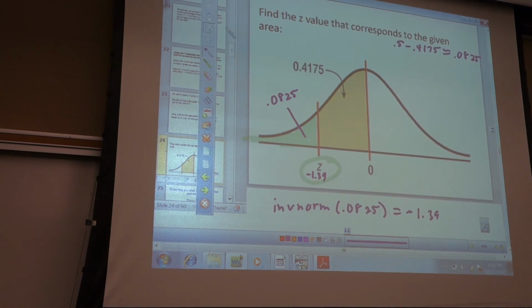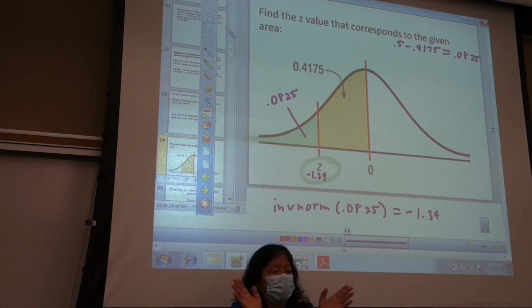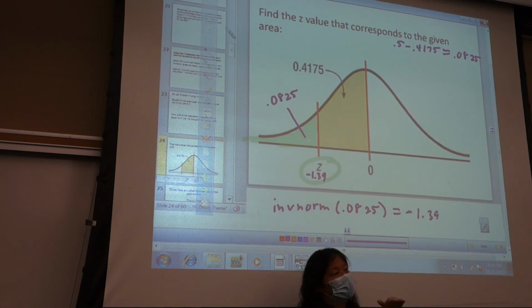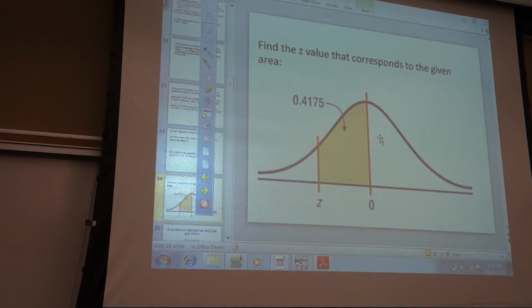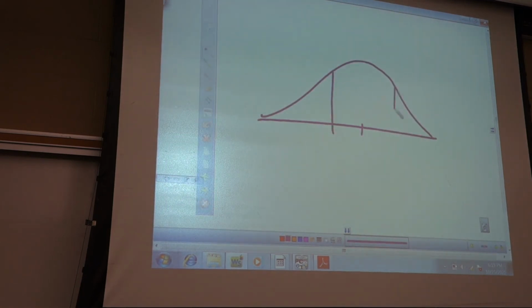Now, if it's perfectly symmetrical, like even amount on the left and the right, then you could say, oh, well, half of it's over here. You know what I'm saying? You could solve that if the question was something like, this is perfectly symmetrical, and this is 60%.